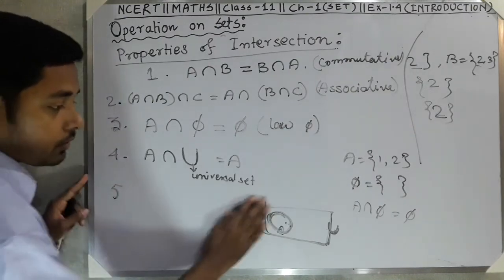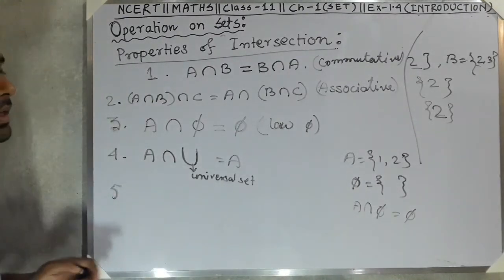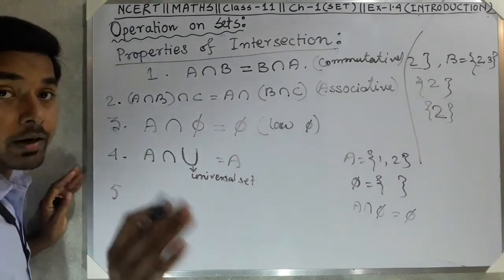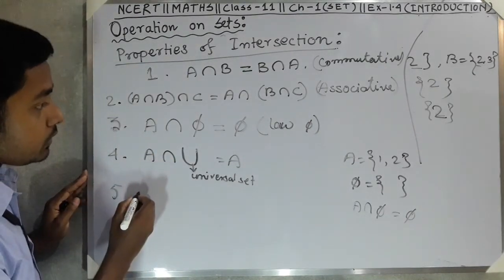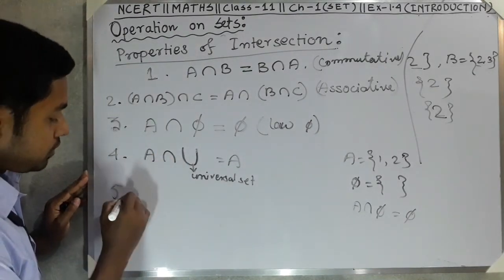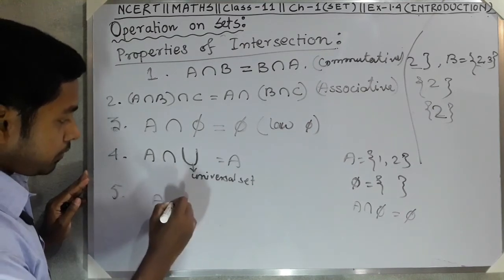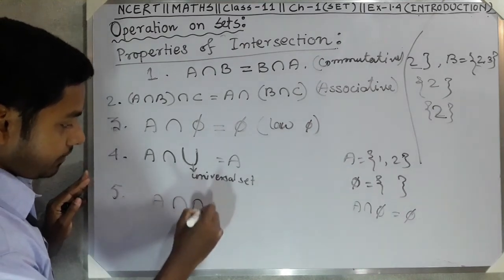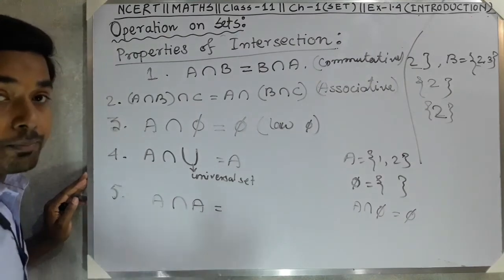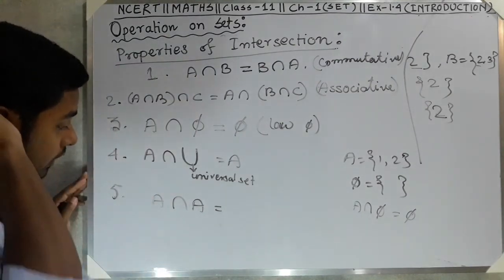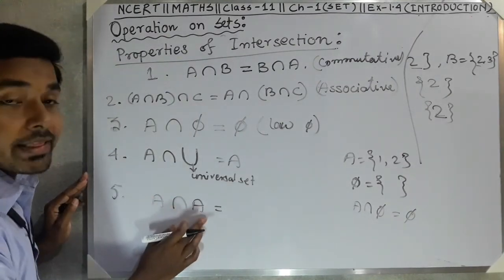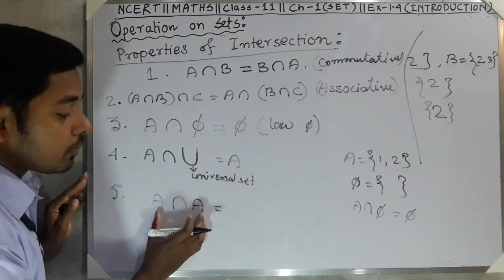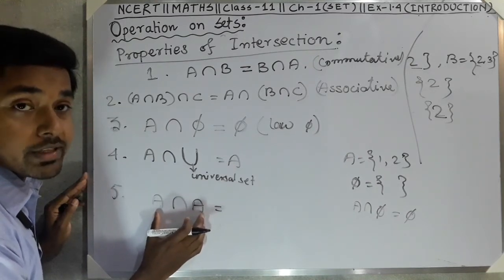So what is the fifth property? That is the distributive property. Okay, and no, wait, before distributive we have another property, that is A intersection A, the idempotent property or law. So what is A intersection A? What is the common point of these two sets?